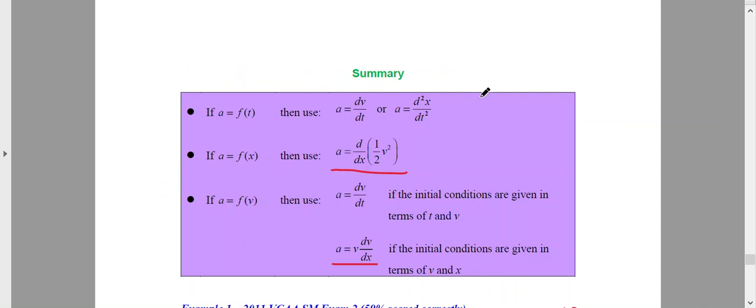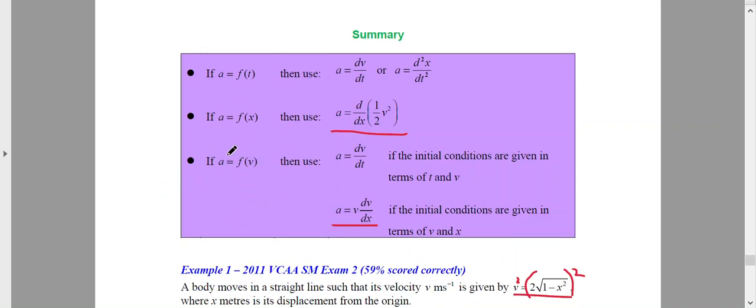So again, if I go to my summary, acceleration is a function of velocity. Initial conditions are v and x. So I have the option of using v dv dx. Okay, would be a suitable option there.